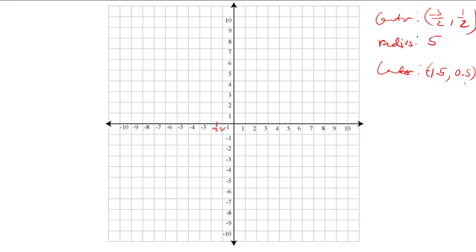Okay? Next, nasa naman si 0.5? Nasa kalahati dito. 0.5. So, nandito ang ating center. Location niya, negative 1.5. Do not forget to write down the label. So, this is negative 1.5 and 0.5. Okay?